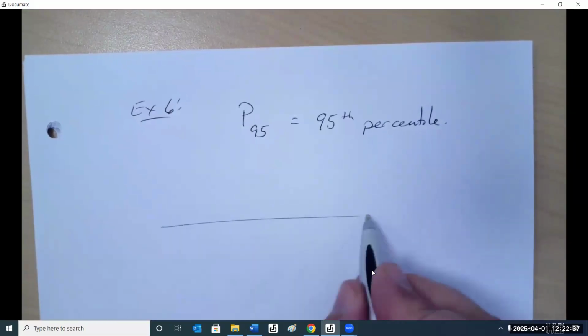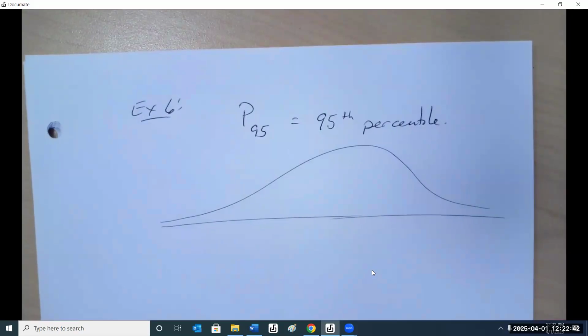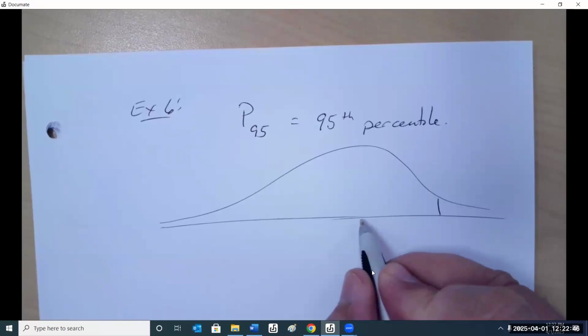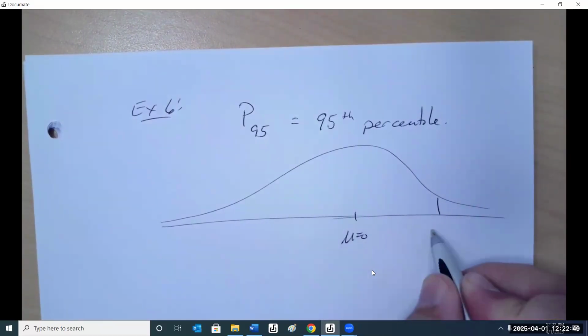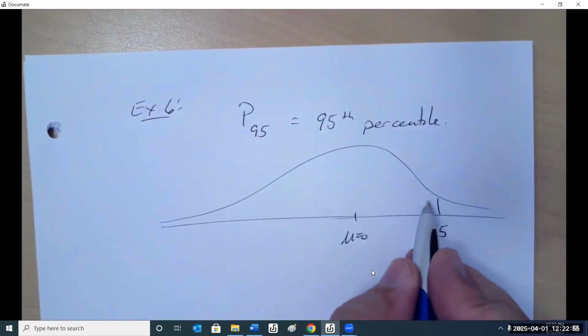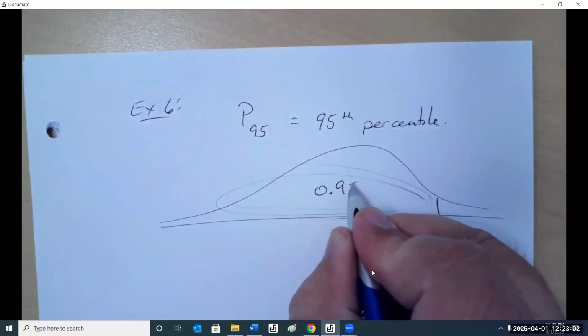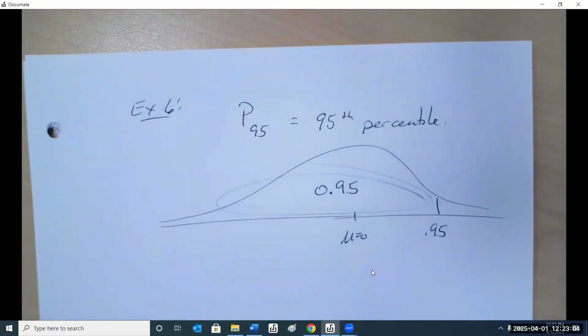So if we were to draw a picture of this one, where would the 95th percentile be? On the very far right, yeah, but this is the mean, this is 0, and this is 0.95, or the 95th percentile. So what we're looking for here is what number? 0.95.